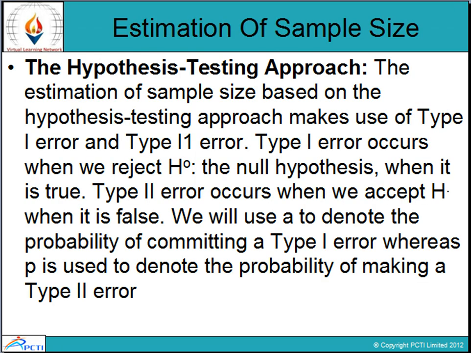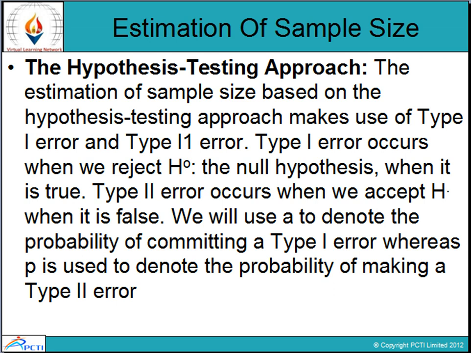Now another is the hypothesis testing approach. Here the estimation of sample size is basically based on the hypothesis testing approach, जहाँ पे type 1 error और type 2 errors का यूज होता है. Type 1 error occurs where we reject H0, that is the null hypothesis, when it is true.